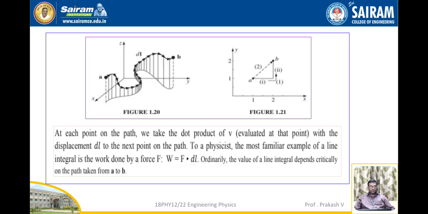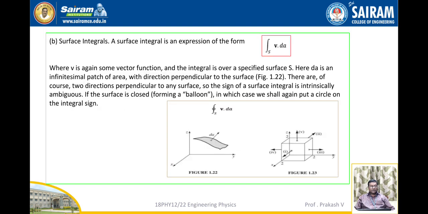Next, the most familiar example of a line integral is the work done by a force, that is capital F. So work done W is equal to integral F dot dl. Next, now let us look at surface integrals.